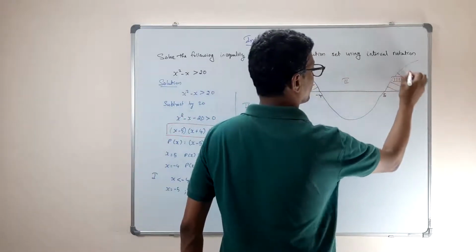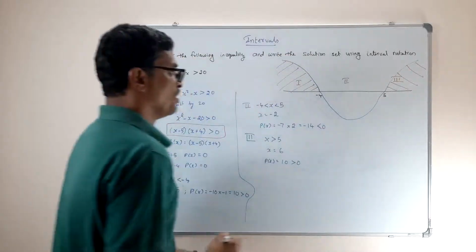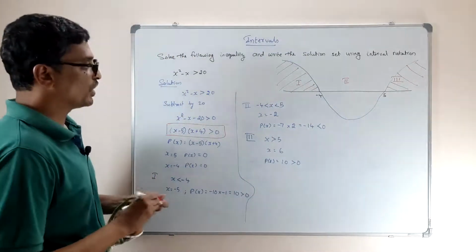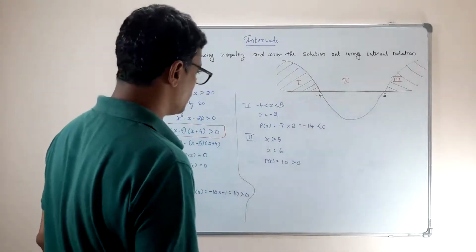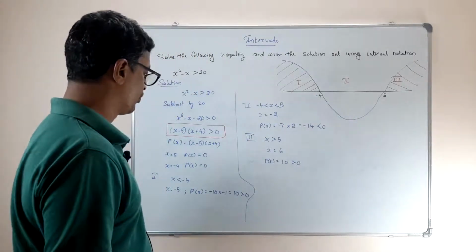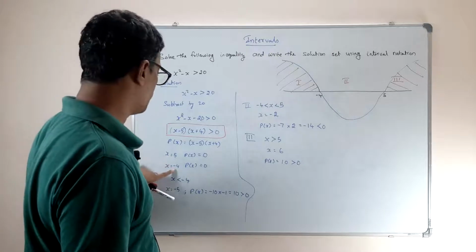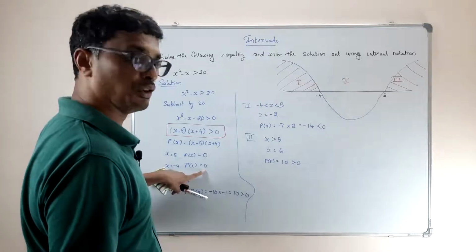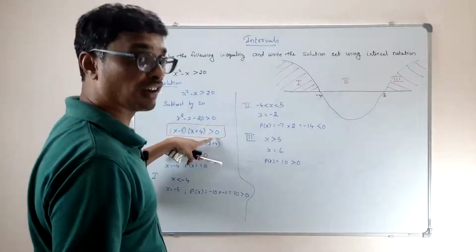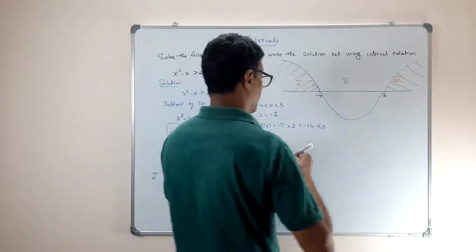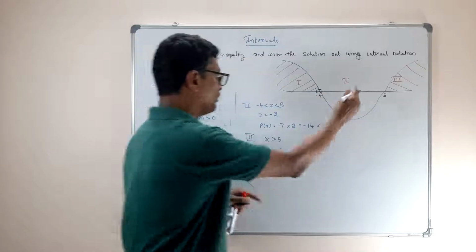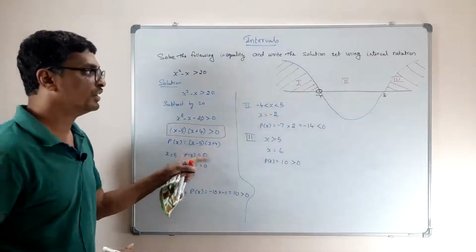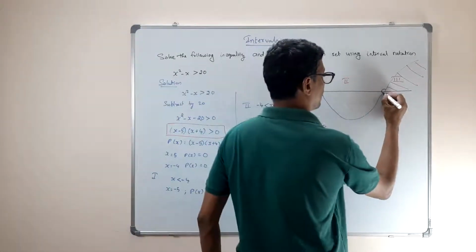You got it? Now tell me, is this domain open or closed? At x equal to minus 4, p of x is equal to 0. So p of x equal to 0 is not allowed, right? So this has to be open, and similarly for 5 also it is 0. They both are open.